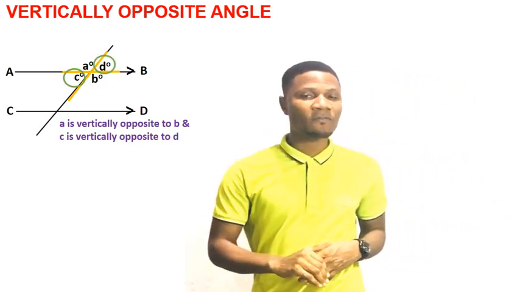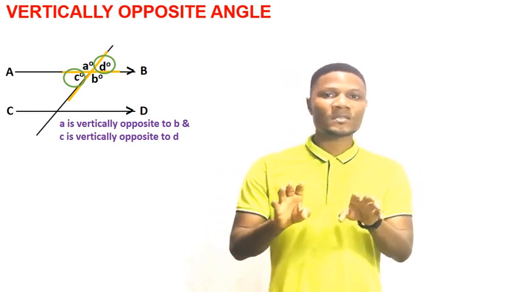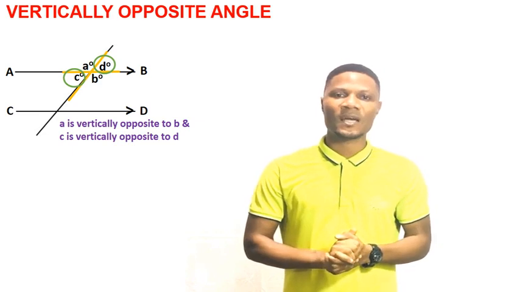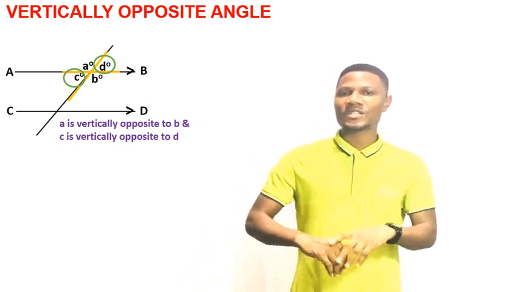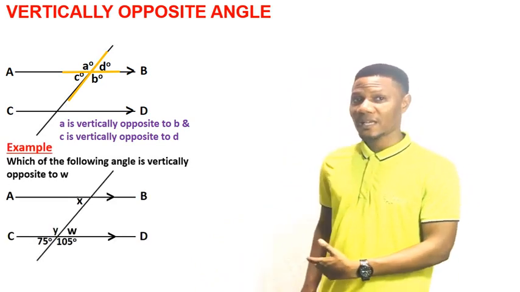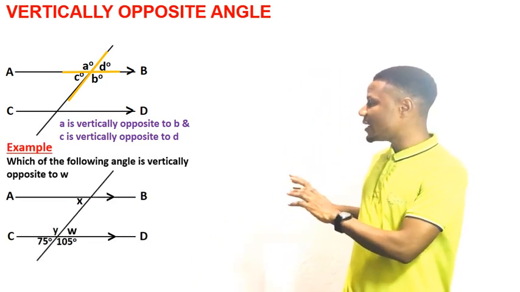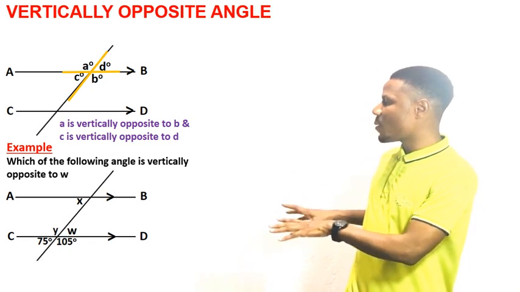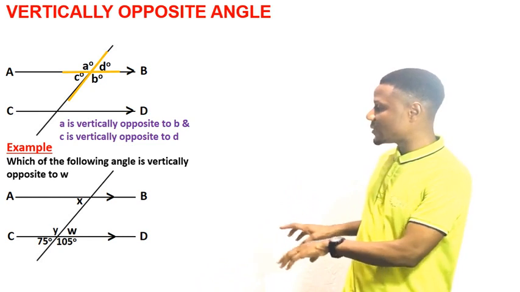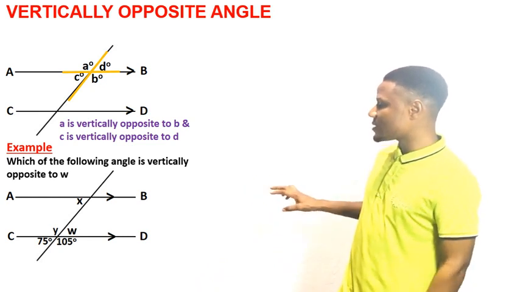So if you want to identify vertically opposite angle, all you just need to do what? Draw an X and you get your what? Answer. Now let's take this question as an example. In the diagram, the question says, which of the following angle is vertically opposite to W?